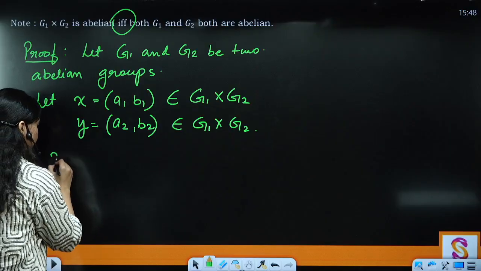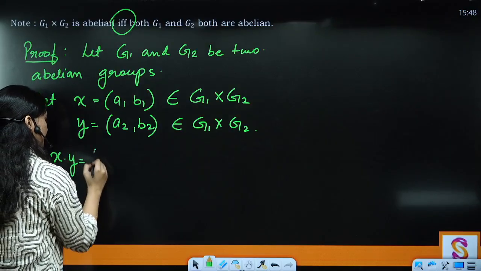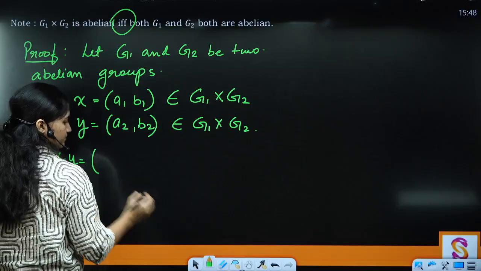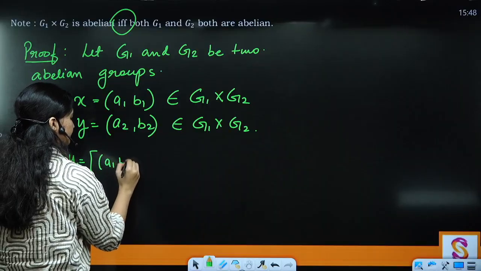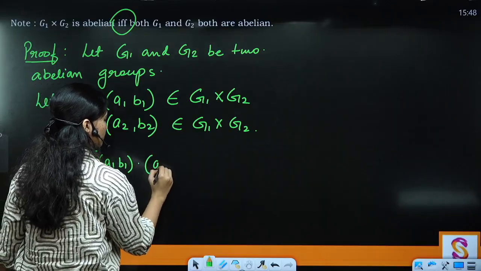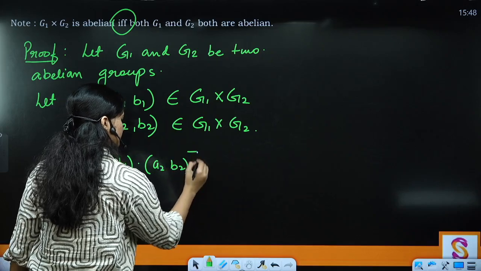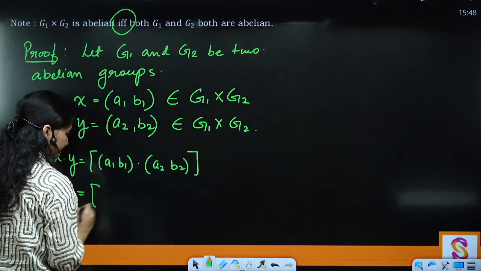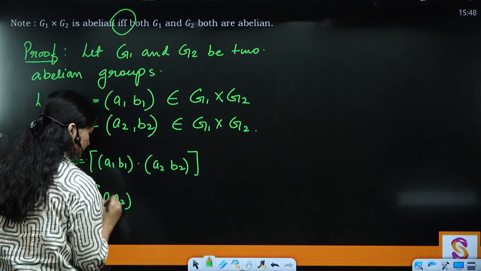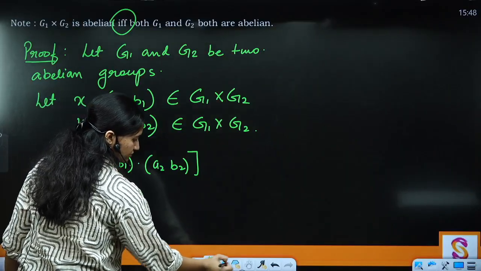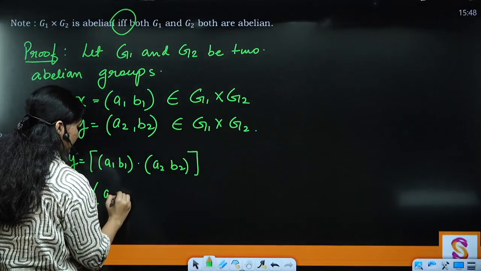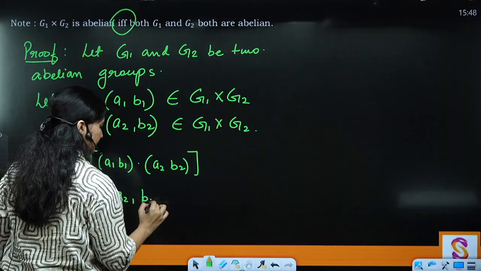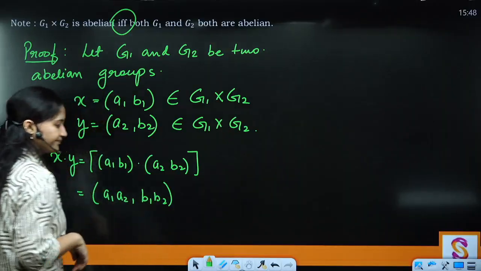So now x dot y will be (a1, b1) dot (a2, b2), which is going to be equal to what? (a1 a2, b1 b2), right?